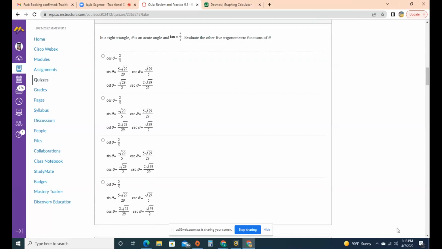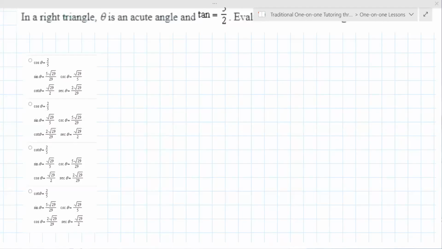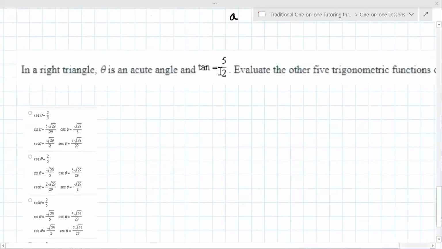Let me share my screen. This is the time where I think we can maybe make some associations to help figure this out. It says that tangent theta is 5/2, and 1/tangent is really cotangent of theta.